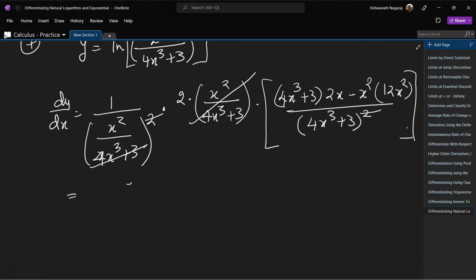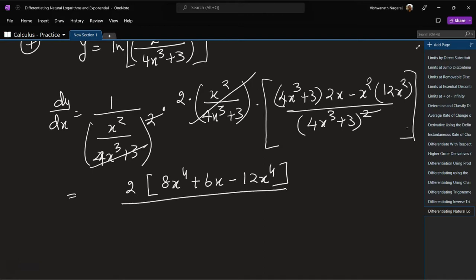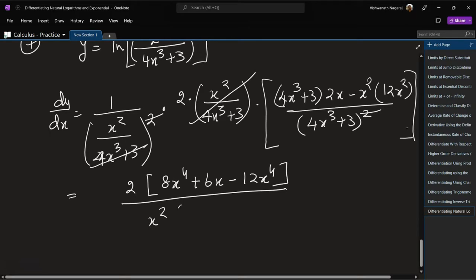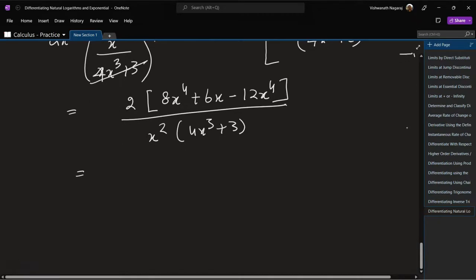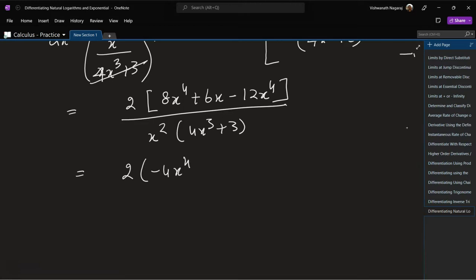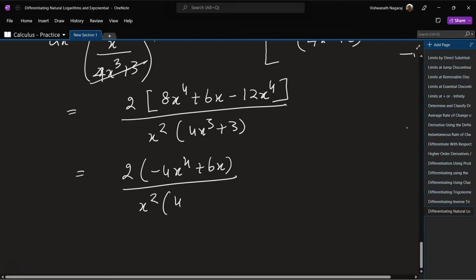We are left with one of this 4x cube plus 3, this, and one of this cancels. So we are left with 2 times 4 twos 8x^4 plus 6x minus 12x^4 divided by x square times 4x cube plus 3, which gives us 2 times minus 4x^4 plus 6x by x square 4x cube plus 3. Let's simplify it further. Let's take out 2 out.